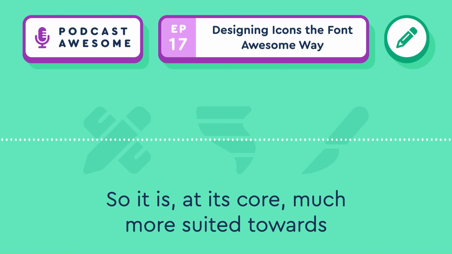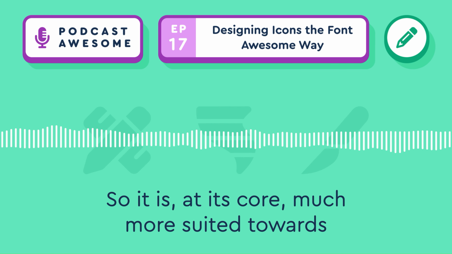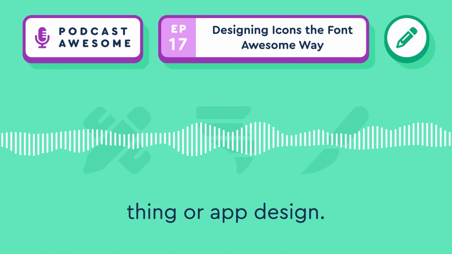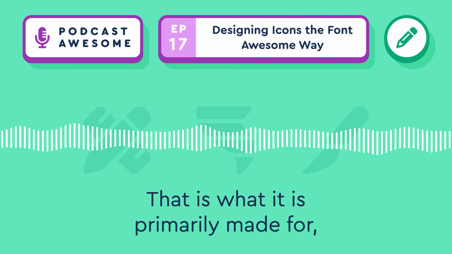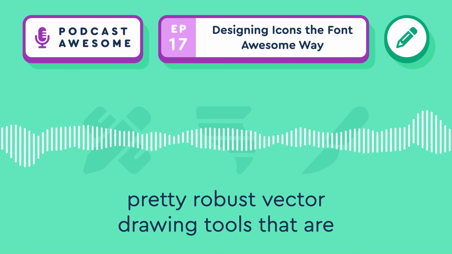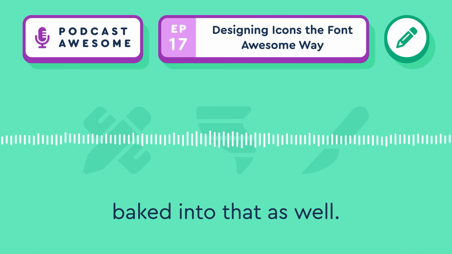So it is at its core much more suited towards web layout and that kind of thing, or app design. That is what it is primarily made for. But there are surprisingly some pretty robust vector drawing tools baked into that as well.